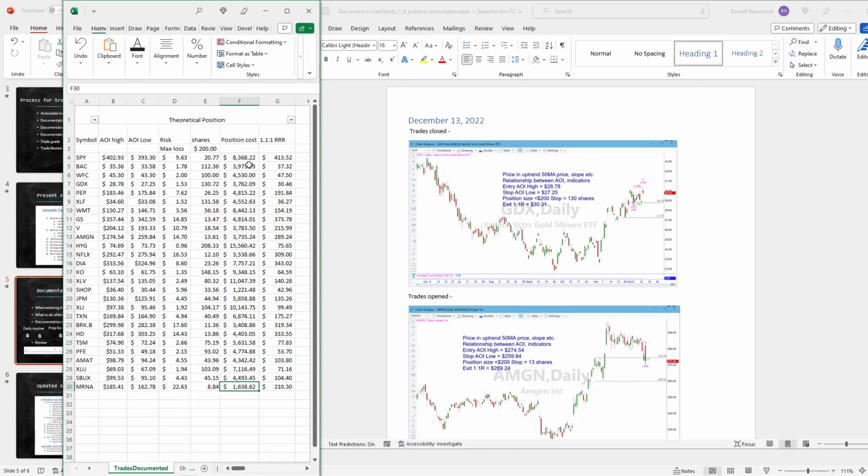Basically, I just make sure that the position is long and not short, and that the position cost is at most like 8K, unless the position cost, like here, happens to come out substantially higher than that.